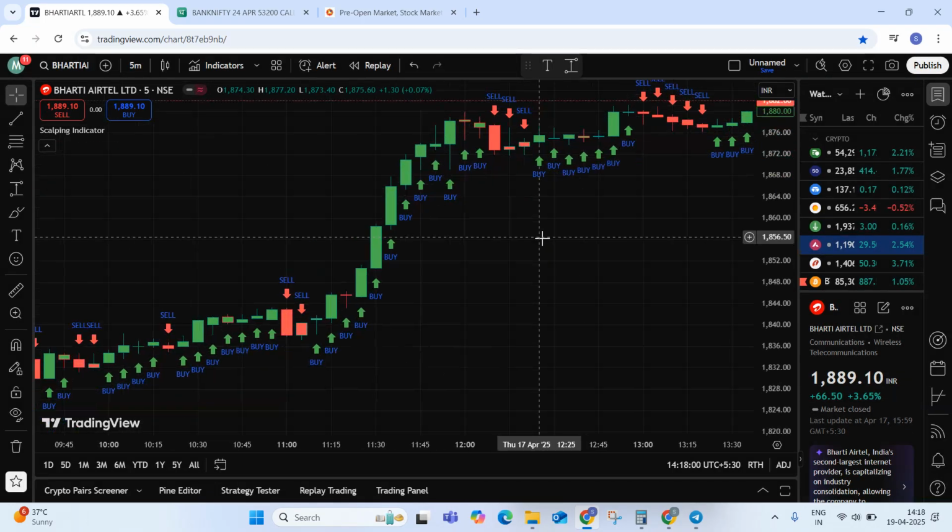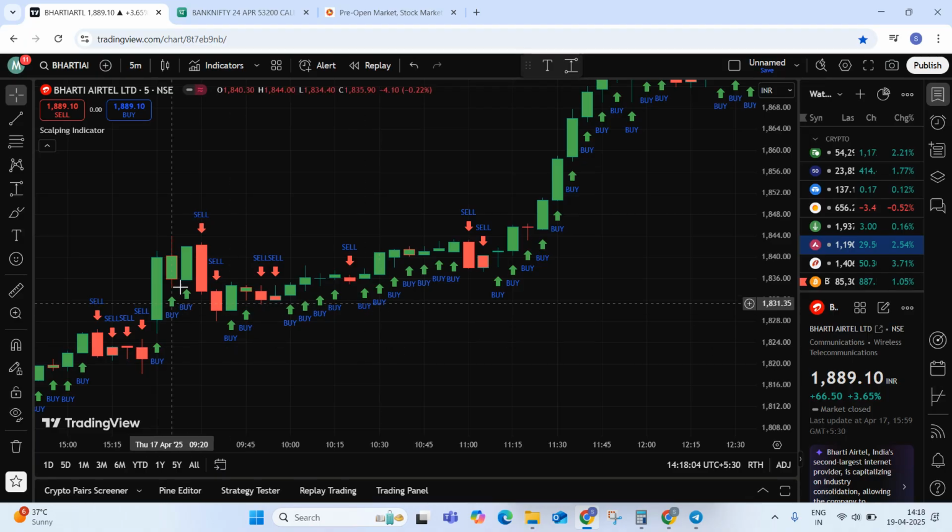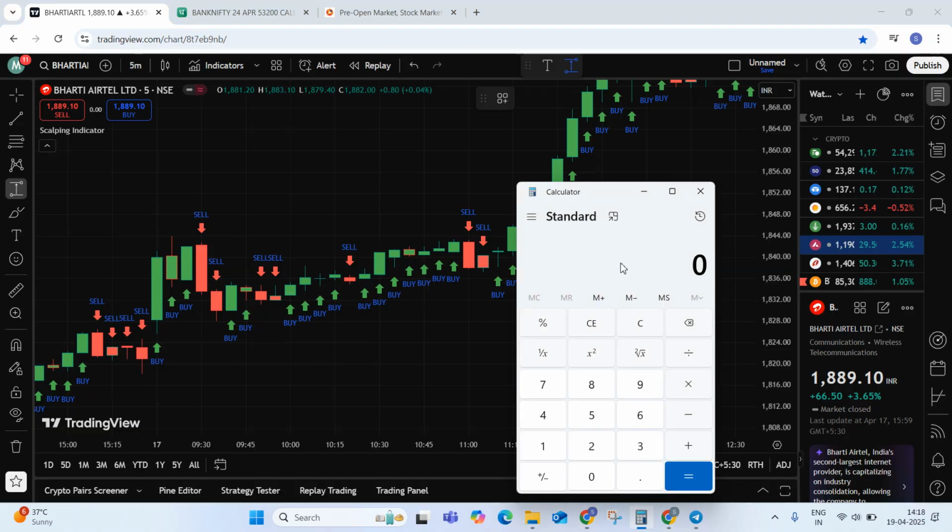So here I got the Bharti Airtel stock and I have applied my indicator. Initially, coming to stocks, for example if you are trading with 1,000 quantity, as per my knowledge I will choose like 2 to 3 points max for a single trade. Nifty and Bank Nifty have a higher value, right?